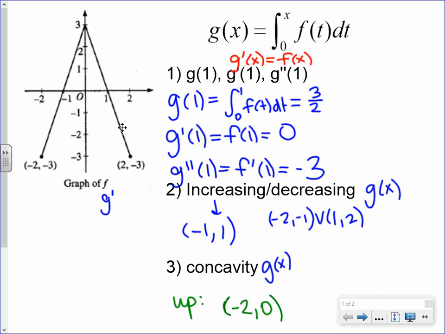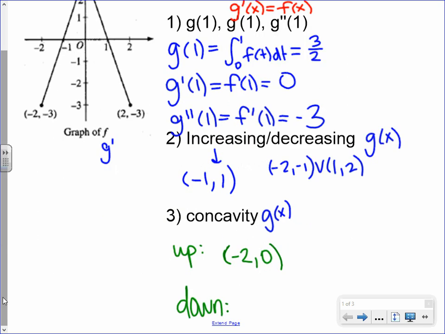So since we have positive slope from -2 to 0 on our derivative graph, that means our second derivative is positive. Okay. Well, where are we concave down? From 0 to 2. And how do you know that? Because our derivative has negative slope. Very good.